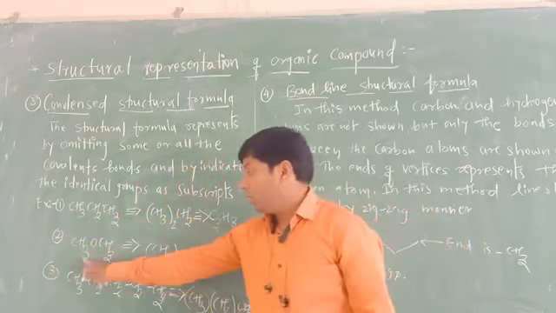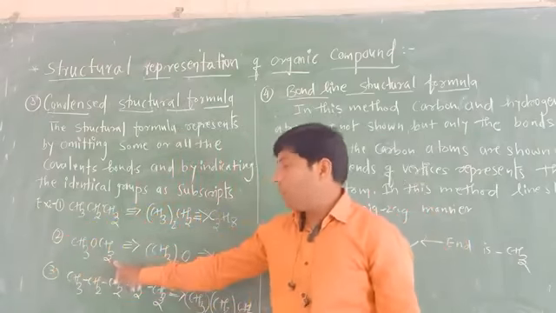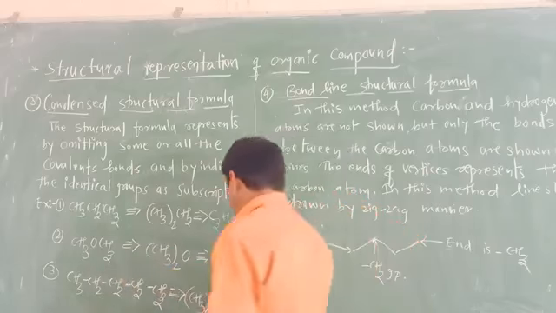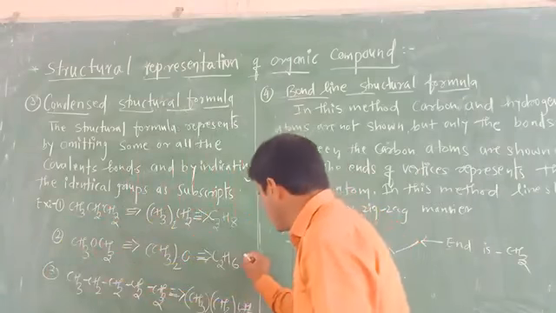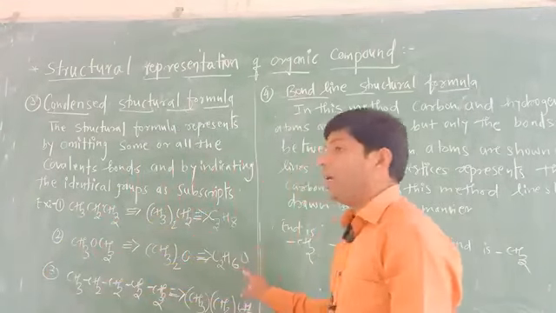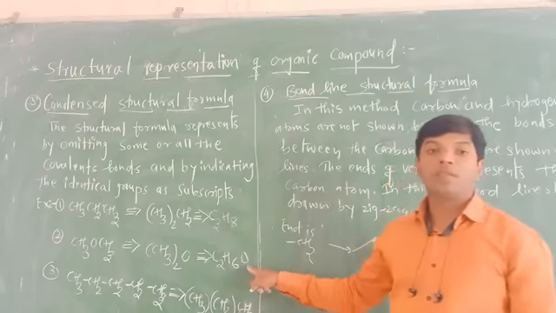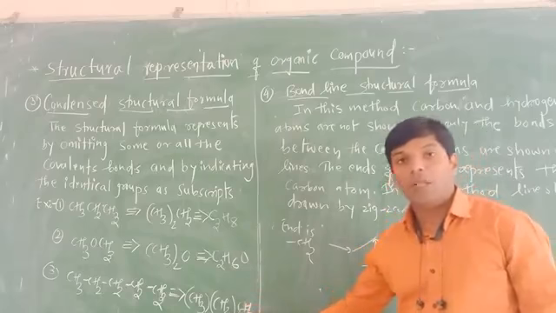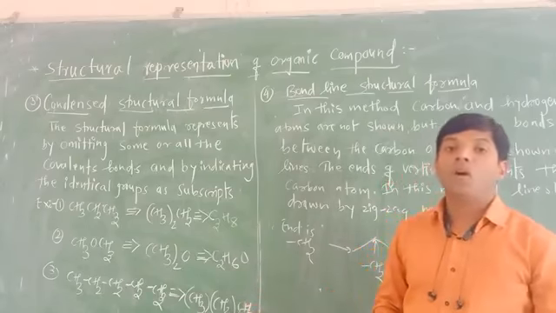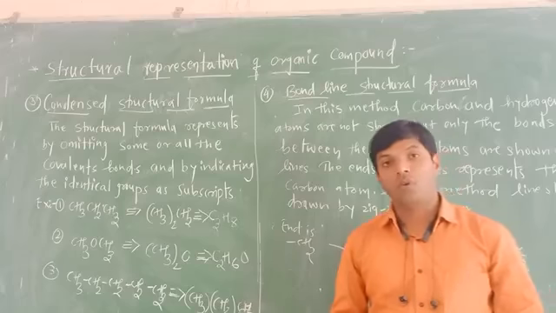Hydrogen, CH3, these H3 and these H3, total 6 hydrogens are there. And only one oxygen is there. This is another way to represent the condensed structural formula. Similarly, you can try these examples also to write another way of condensed structural formula.